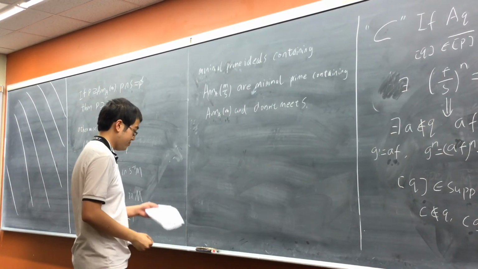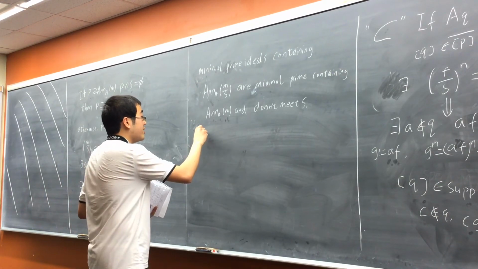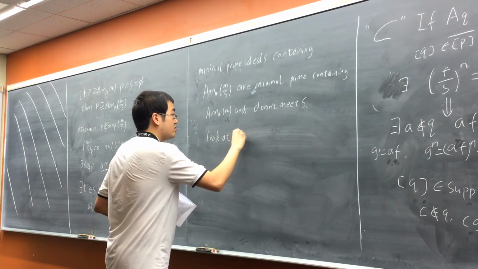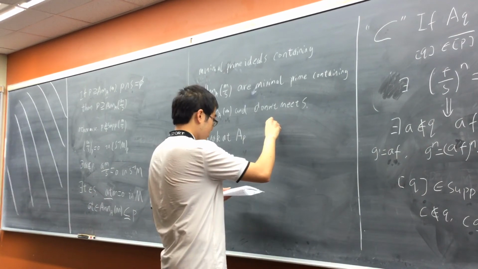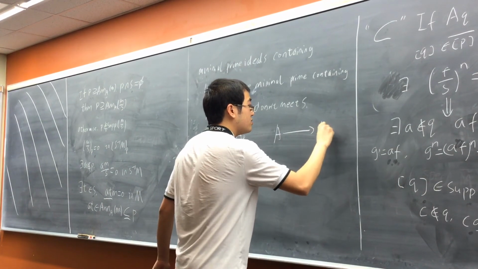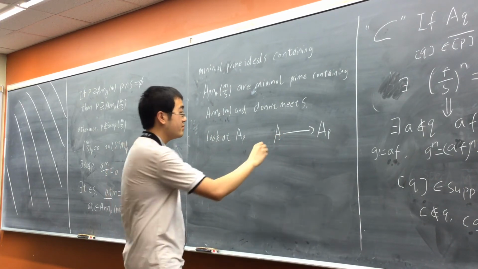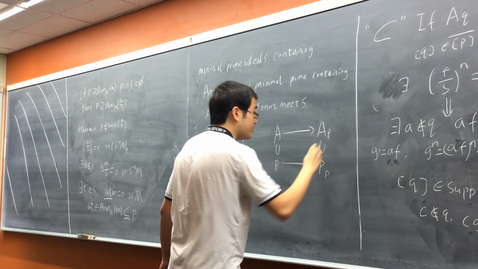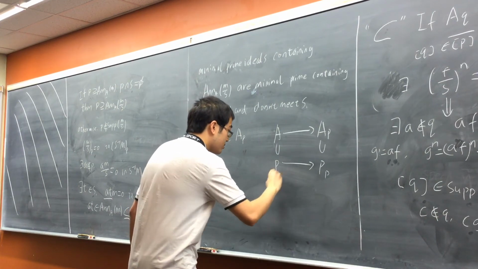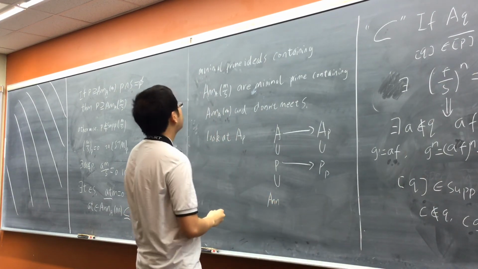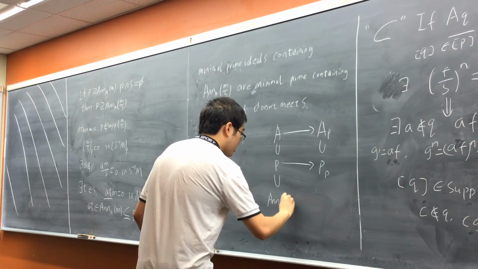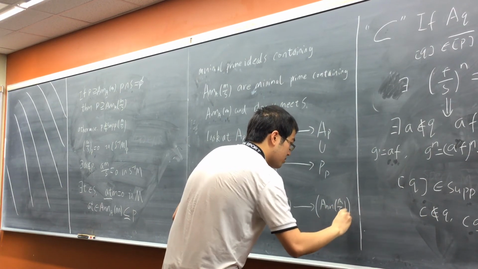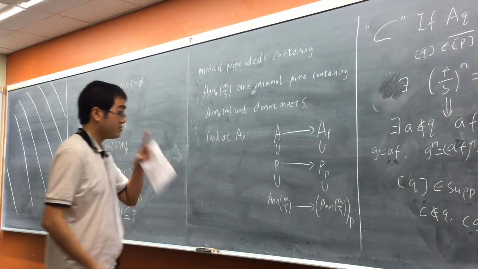That doesn't mean S. So here we will look at A_P, the localization map, and P will be mapped to P_P.